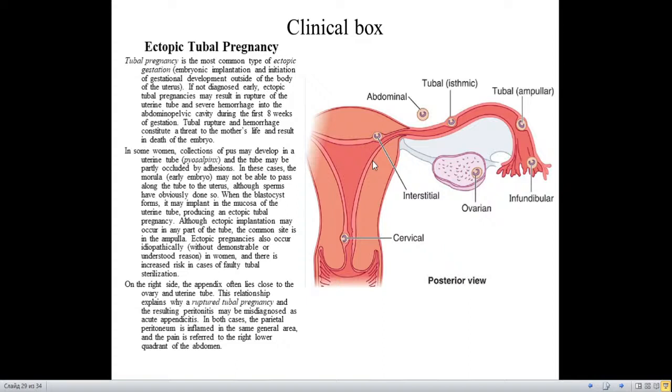But sometimes due to different issues, chronic inflammation and so on, implantation can take place ectopically. Ectopy means not in the normal place. For example, in the cervix, it is not a normal situation. Then in the isthmus, or in the uterine tube, it is tubal pregnancy, or even in the abdominal cavity.